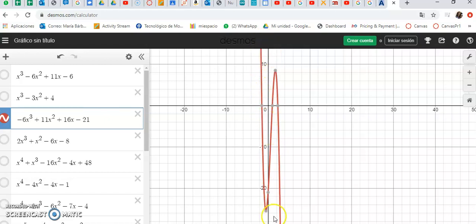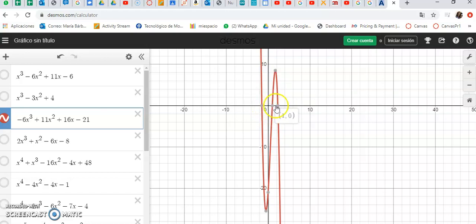Look, it is rising to the left and it is falling to the right. Why? Because the leading coefficient is negative. Okay, and the degree is an odd number. In this case, it is a third degree. How many roots? As the degree is a third degree, we have to get 3 roots, as you can see here, 1, 2, and 3.